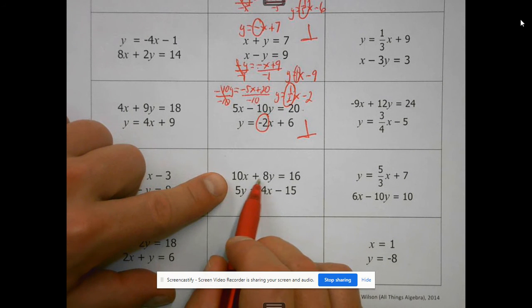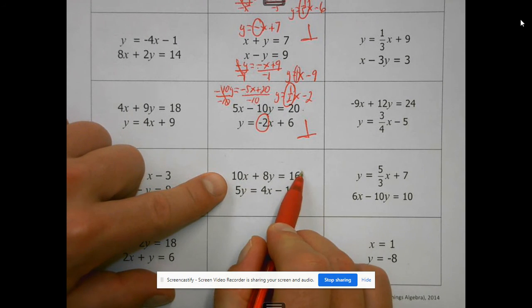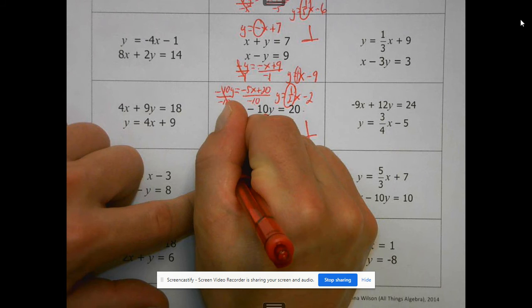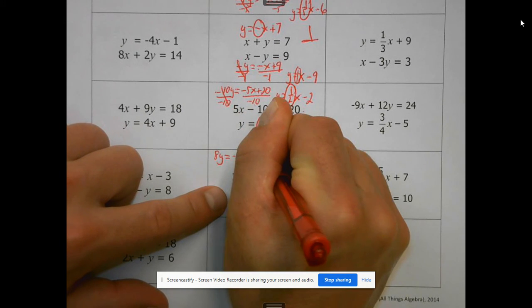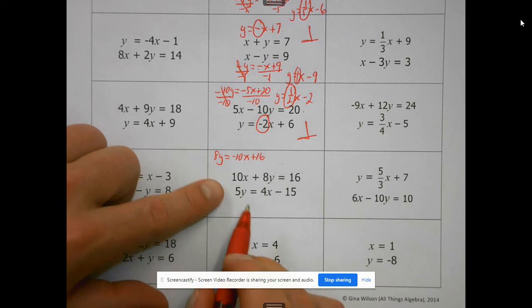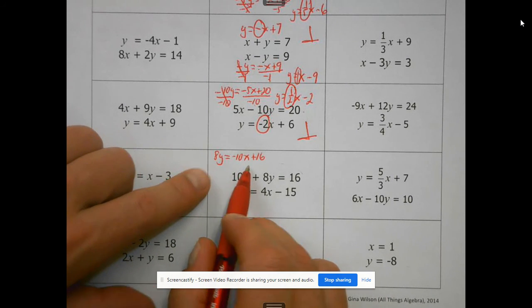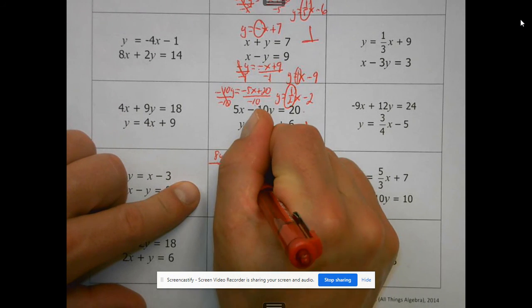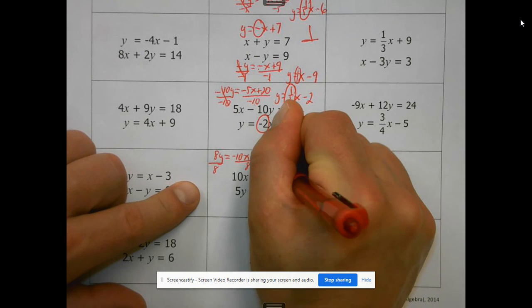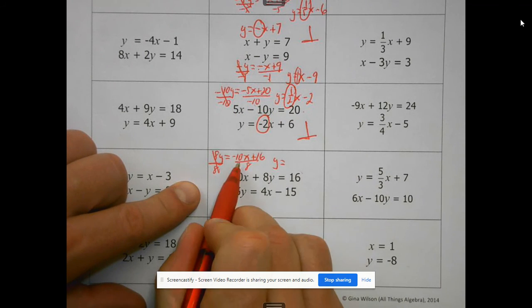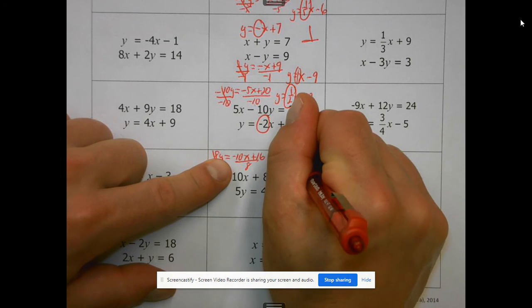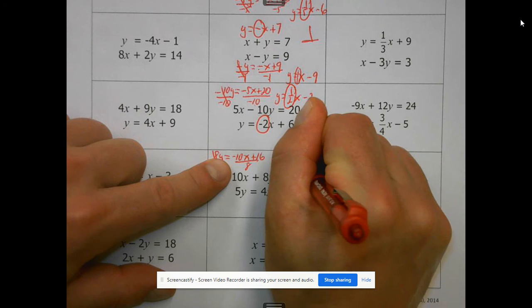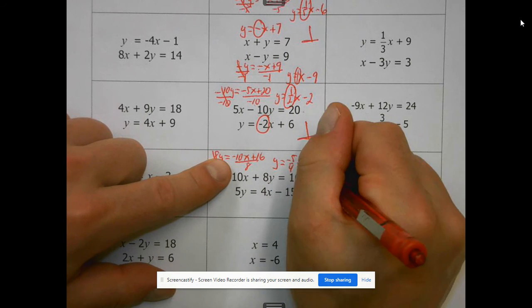First up here, I have to subtract the 10x to the right. So 8y equals -10x plus 16. Divide both sides by 8. -10 over 8 reduces to -5/4. 16 over 8 reduces to 2.